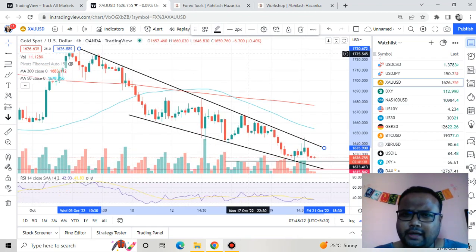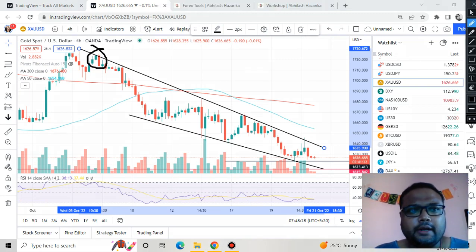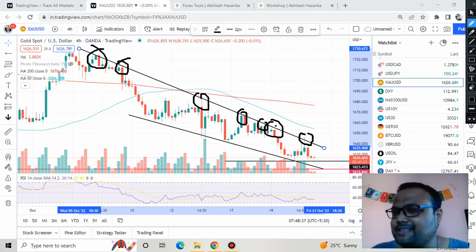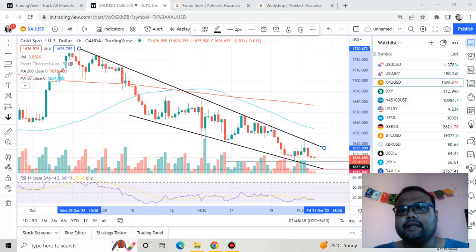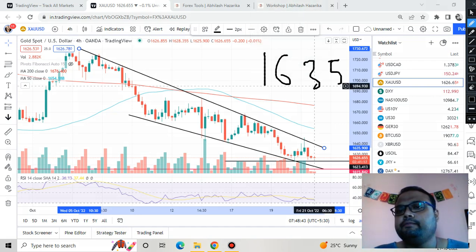To be honest, I do not trust trend lines much these days. Most importantly, the market has already tested the trend line too many times. Therefore it's quite risky also.